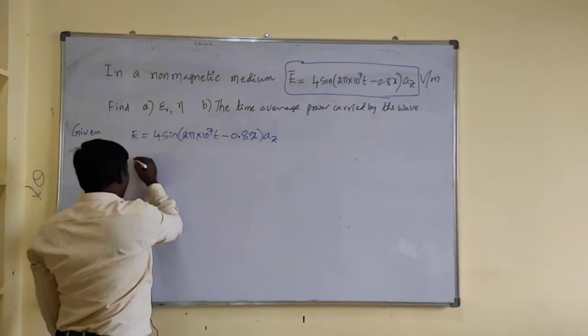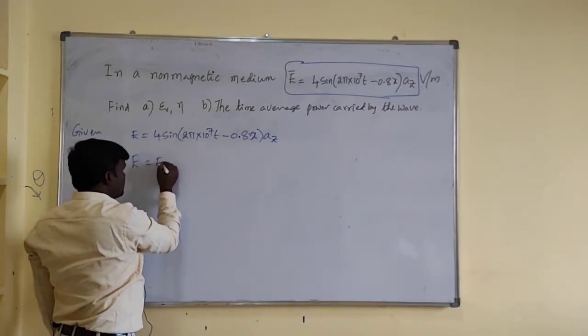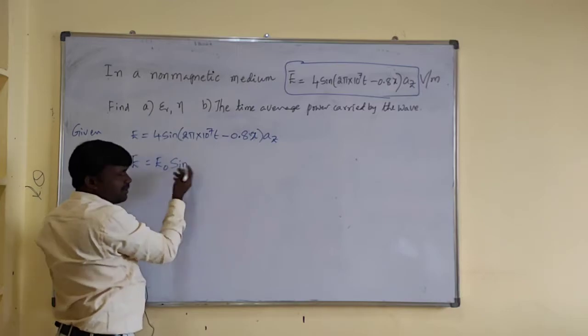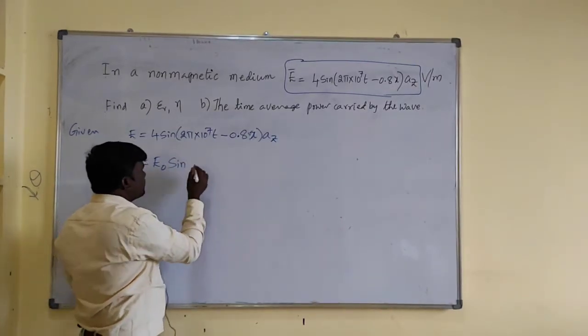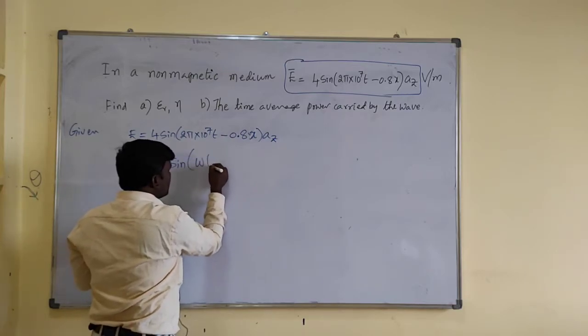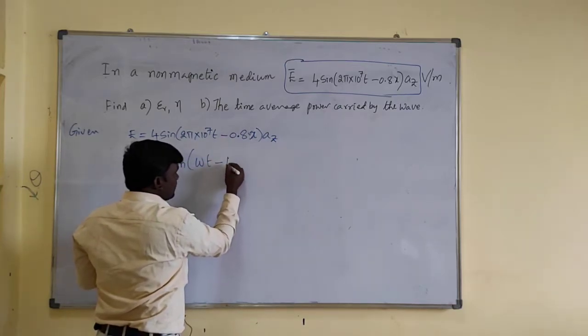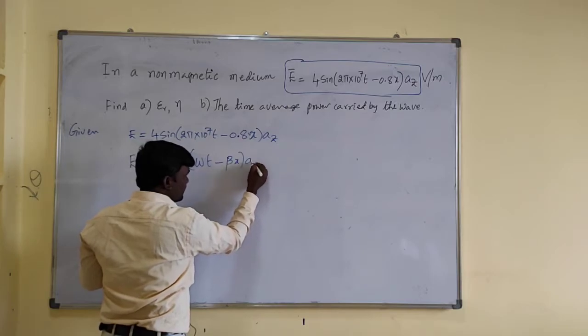So it is in the form E equal to E naught sine(omega t minus beta x) Az. We can take it in the sine form or cosine form.